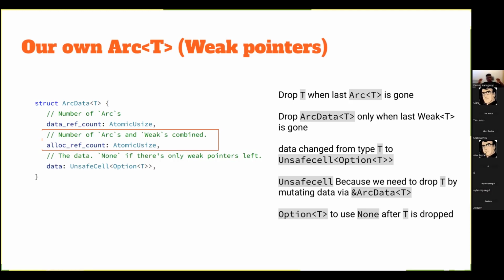We do this via interior mutability, because we only have a reference to ArcData itself all the time. That's why we need this UnsafeCell to do interior mutability, to update this data to None whenever it makes sense. And for the same reason we need Option, to differentiate whether the T has actually been deallocated and dropped or it's still out there.